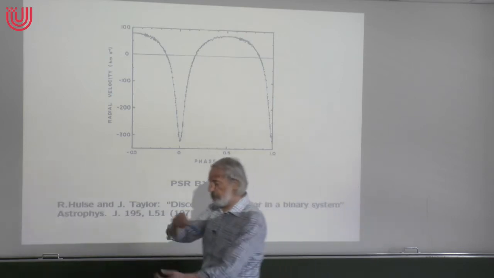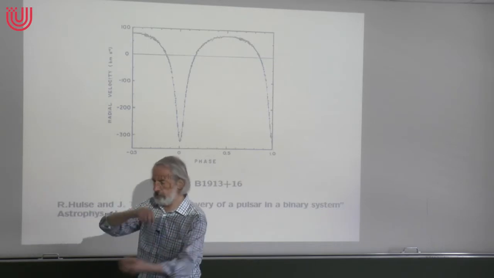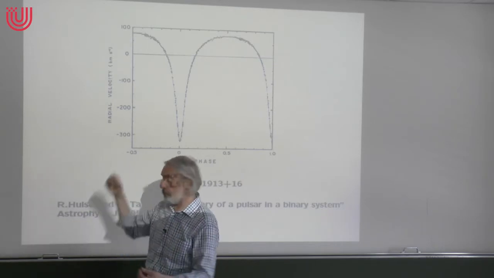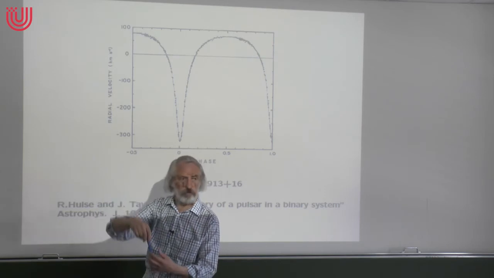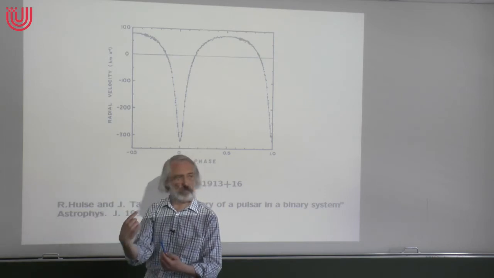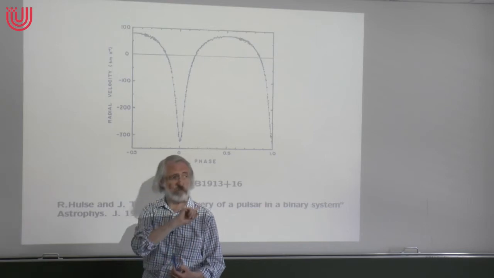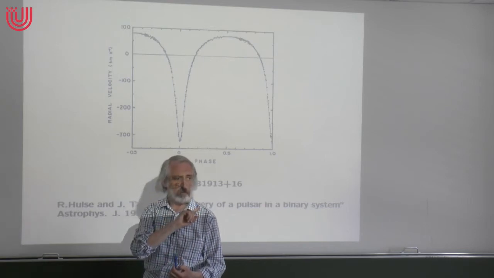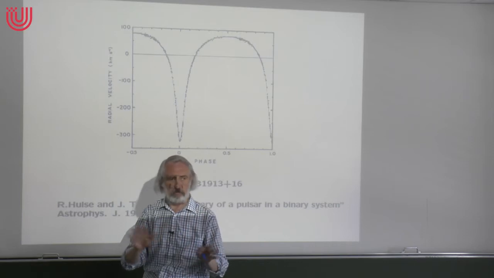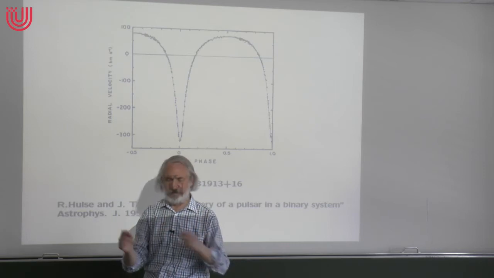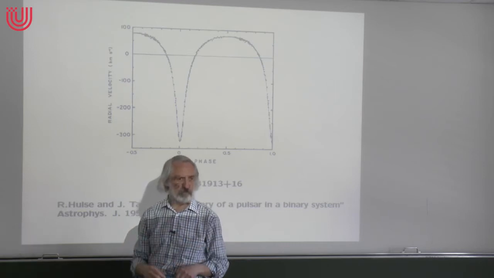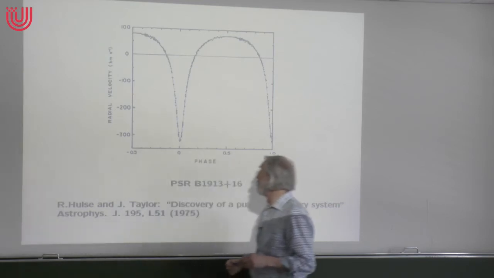Well, assume that you have a binary that goes around, and you observe the redshift. The redshift is associated with a radial velocity of one of the sources. The other source is dark. We don't see the other source; it's dark and dead and silent. There is no signal from the companion. The only way in which we know that it must be there is because we see the redshift in the other object.